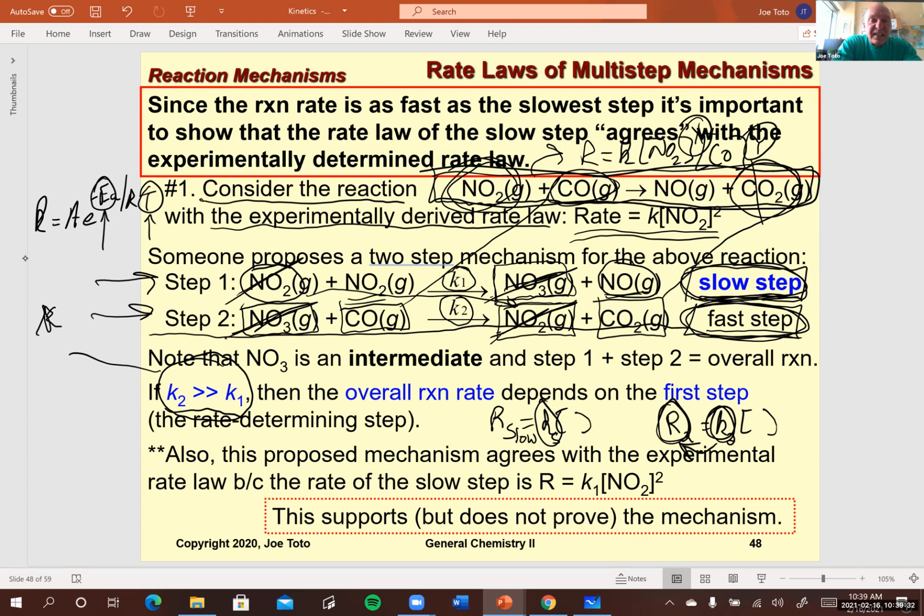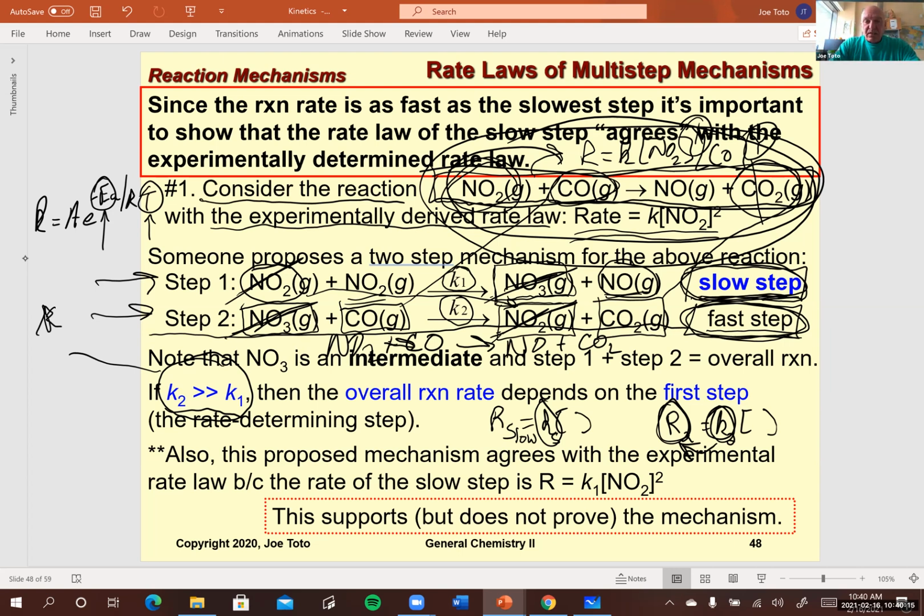And I see when I add them up, I get an NO2, sorry, it's kind of sloppy, plus a CO goes to NO plus CO2, which is this. So it does add up. Okay, so that's the first criterion that you should check for any proposed mechanism. Does it add up? And being able to identify intermediates is helpful.